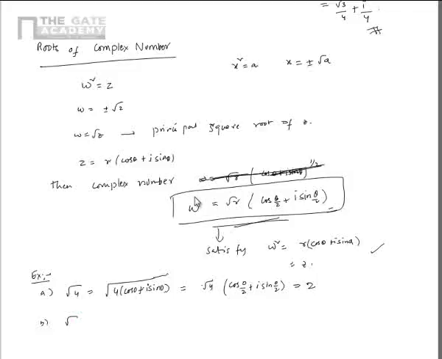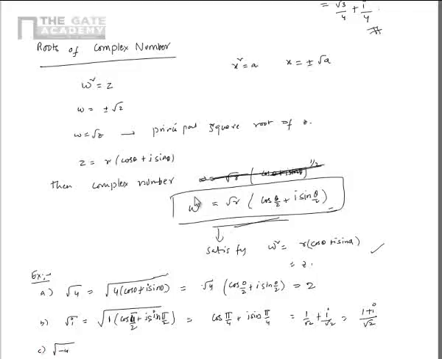Similarly, root i: I can write modulus 1 and cos π/2 + i sin π/2, since cos π/2 is 0. Now because of the root, it will be cos π/4 + i sin π/4, which is 1/√2 + i/√2, that is (1 + i)/√2.